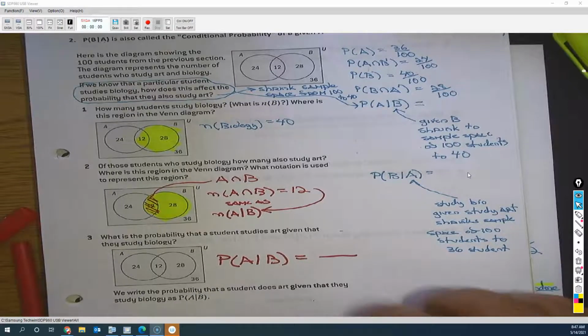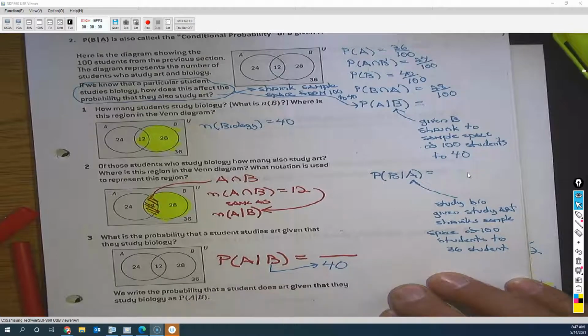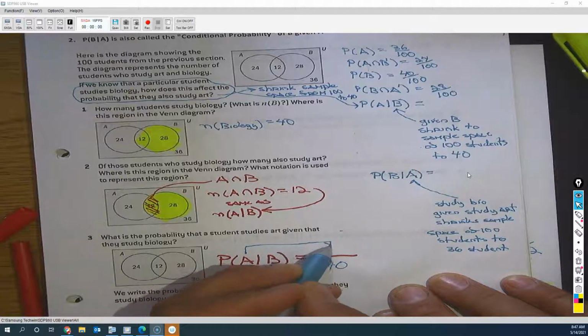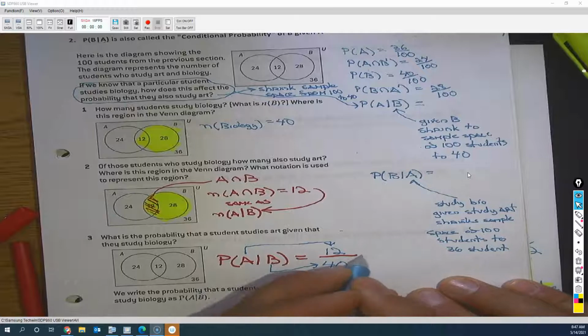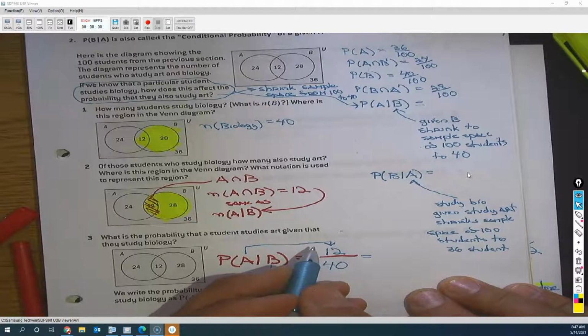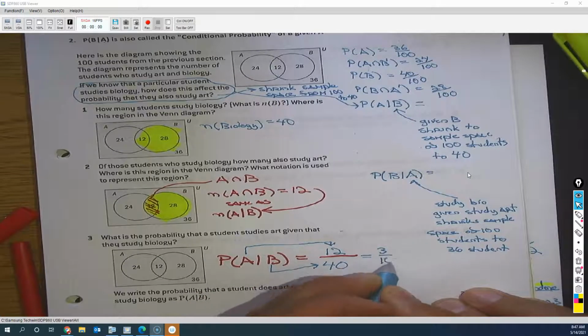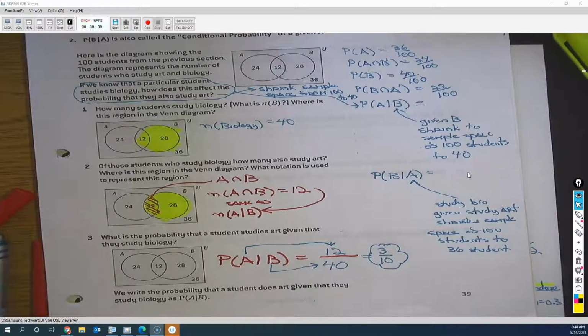Okay, so this is your 40 students. And out of those 40 students, there's 12 that study art. So that's going to be 6 out of 20, 3 out of 10, and there's your probability.